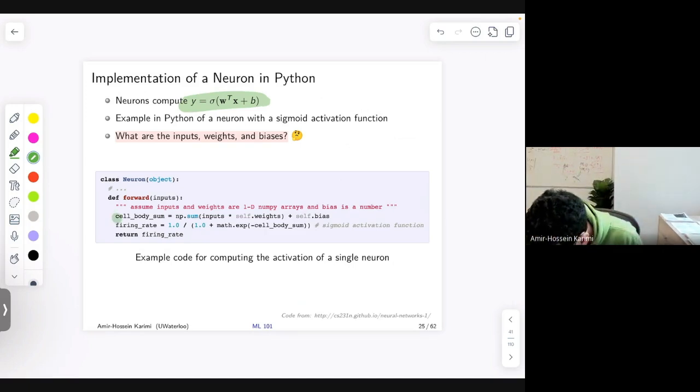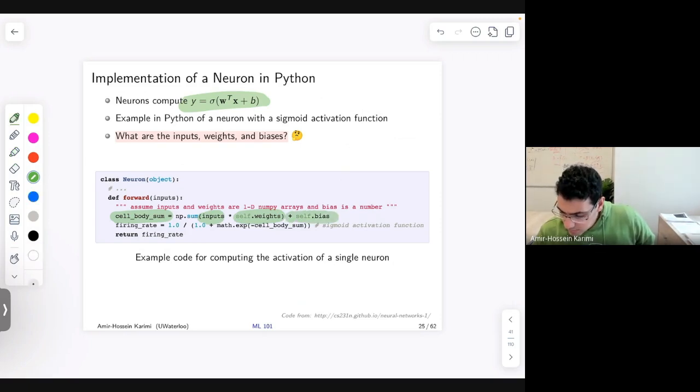The sum that happens inside the cell body, or the soma, is just the inner product between our inputs and the weights plus our bias. This is X, this is W transpose, and this is our bias: W transpose X plus B. And then finally, what was at the end? There was an activation function that came out. And so this line down here corresponds to the activation function that we have.